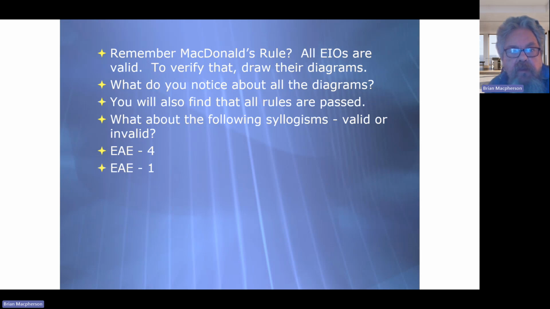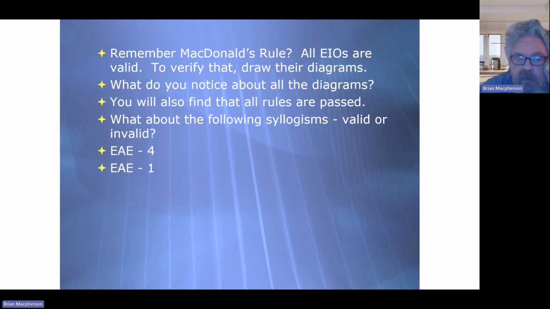So let's take a look at this here. Is it valid or invalid? Well, first of all, you have a negative premise, but you have a negative conclusion. You don't have two negative premises. It looks pretty good so far. You have two universal premises, but you also have a universal conclusion, so that looks good. So the only rules we need to concern ourselves with are the distribution rules. So let's just see here.